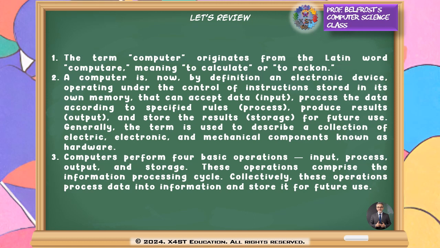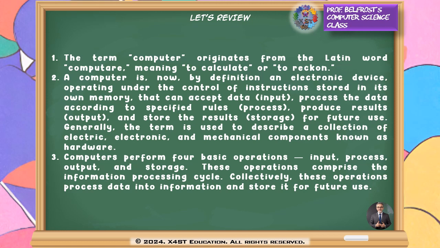In our last lesson, I explained to you that the term computer actually originates from the Latin word computare, meaning to calculate or to reckon. But nowadays, the definition of computer is completely different from what it was initially defined.